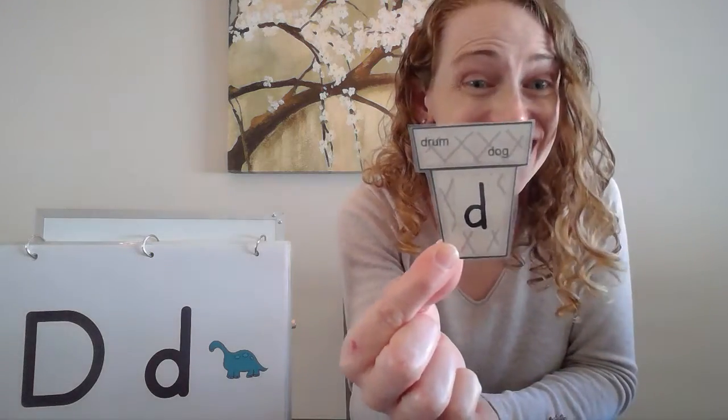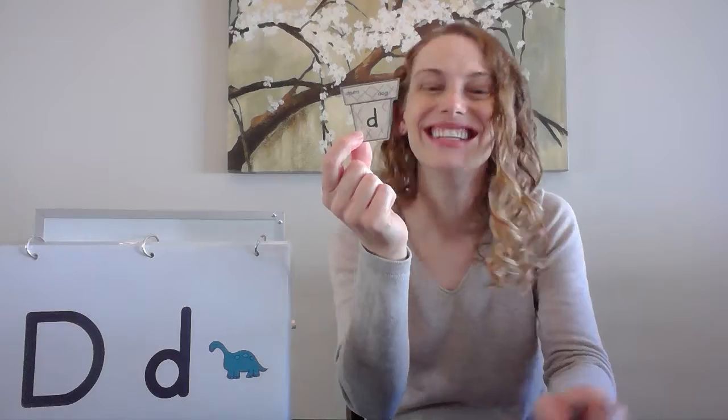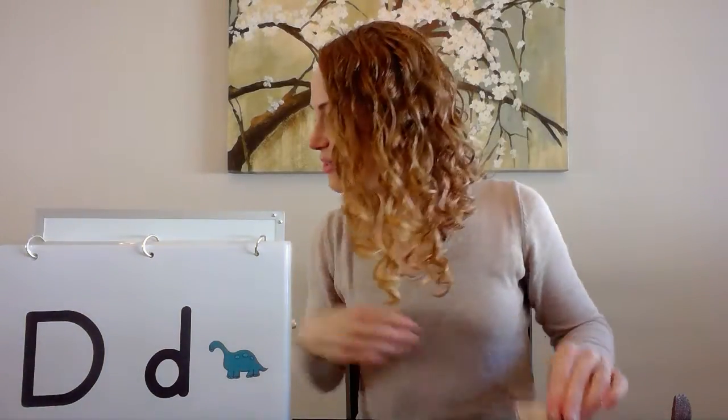Okay. We're going to get to practice our letter D. What sound does D make? D. And we're going to review a couple letters that we've done before. So we're going to practice our letter S. What sound does S make? S. And then we'll also practice our letter M. And what sound does M make?